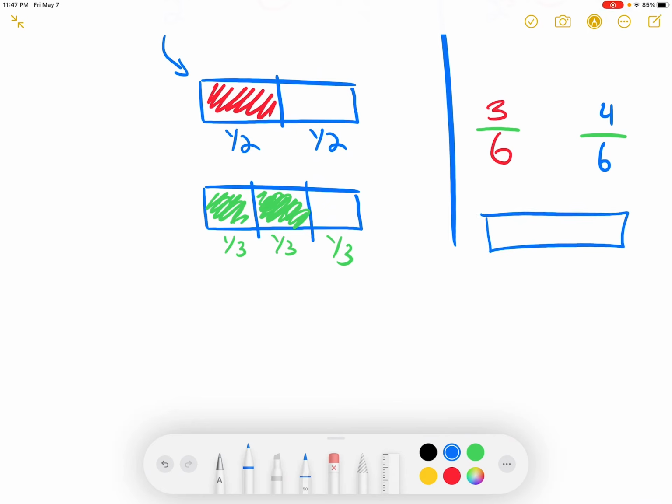And it's clear, even if I drew a picture, that 1, 2, 3, 4, 5. 1, 2, 3, 4, 5, 6. Okay, let's make that a little even.